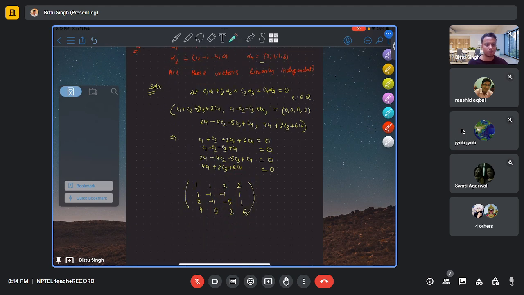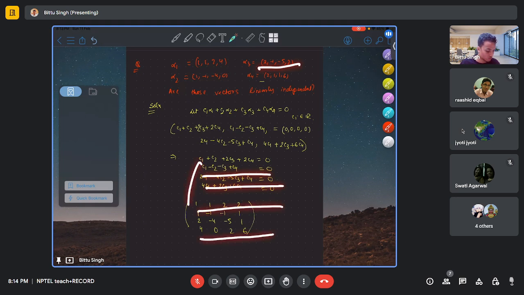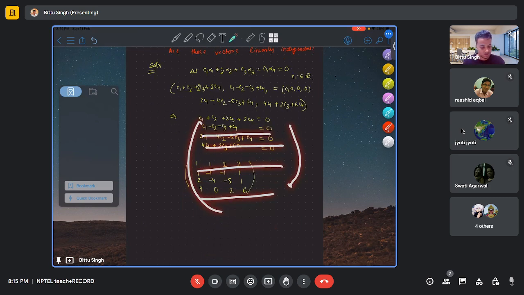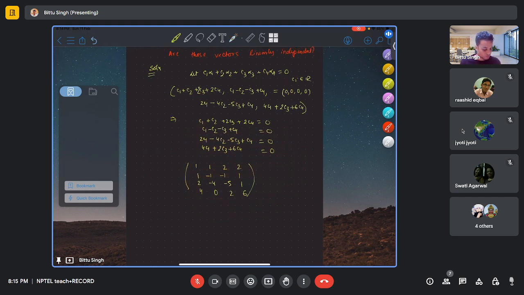Instead of assuming this combination, we can directly take those entries as columns, or even take them in a row. As we know, row rank is the same as column rank. That is why we have taken this matrix.